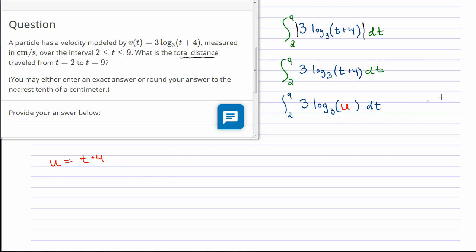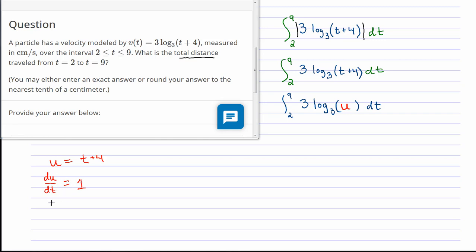So, like we usually do with u substitution, now we need to figure out how to get rid of the dt and turn it into a du. Over here, I can find the derivative of both sides with respect to t. On the left-hand side, the derivative is du dt, and the right-hand side just turns out to be 1.